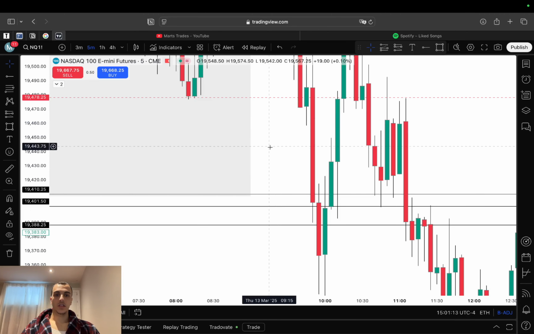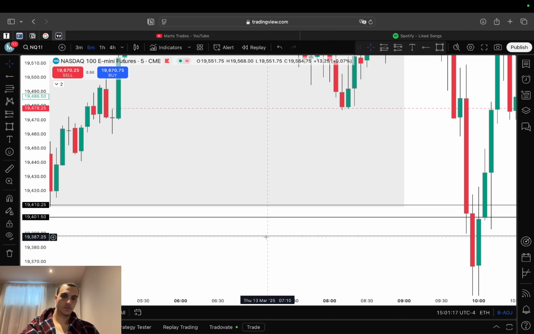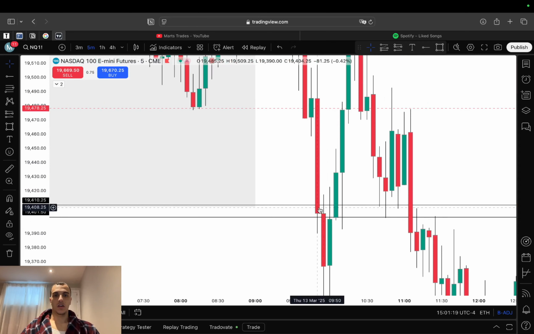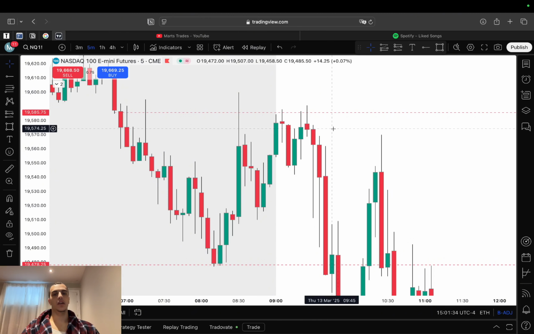Next setup would have been, so this is previous day. Here we had a rejection, a little one, but if you would have taken a trade, you would have been stopped out, so 950. But to be honest, this was the main one, and that's the thing with this setup.